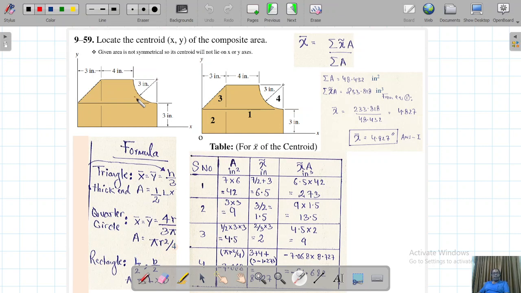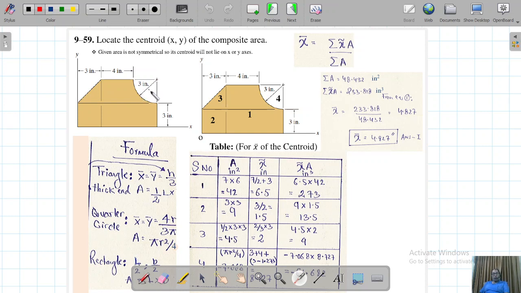Since it is not there, we will perform a Boolean operation: first assume it is there, and then subtract the same semicircle from it.